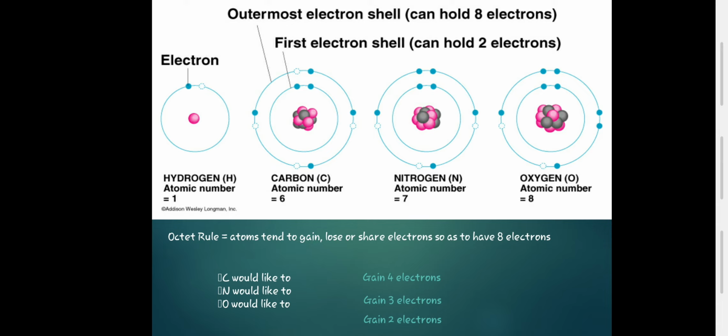So, always remember the outermost electron shell, or itong first layer or the last layer of the valence electrons can hold 8 electrons, and the first electron shell can always hold 2 electrons. So, hindi yan maglalapas ng 3 because in the first shell, dalawa lang po talaga ang electrons.